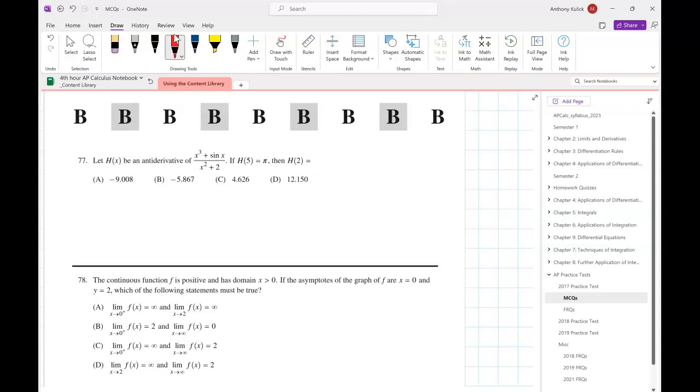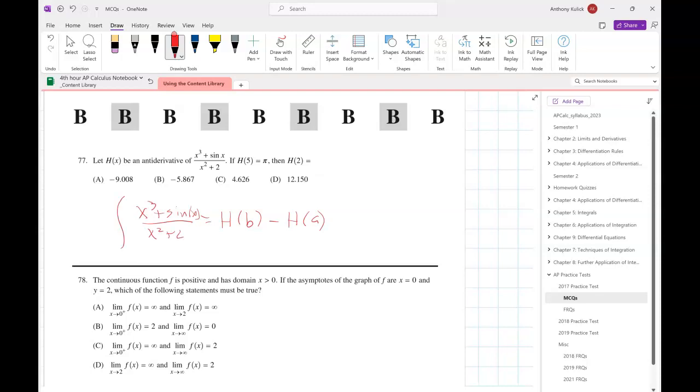This is a fundamental theorem of calculus question. That's the fundamental theorem of calculus part 2, which is how you do a definite integral. So for us, we're told that the derivative of h is this thing, because h is the antiderivative of it.